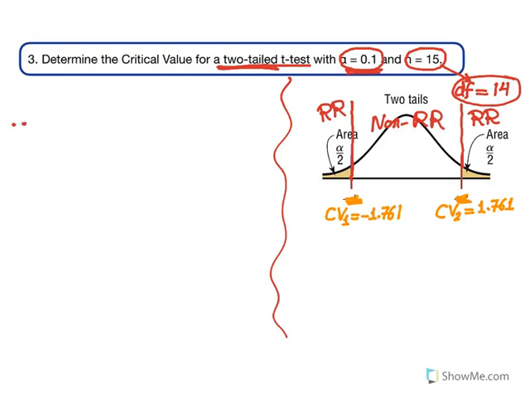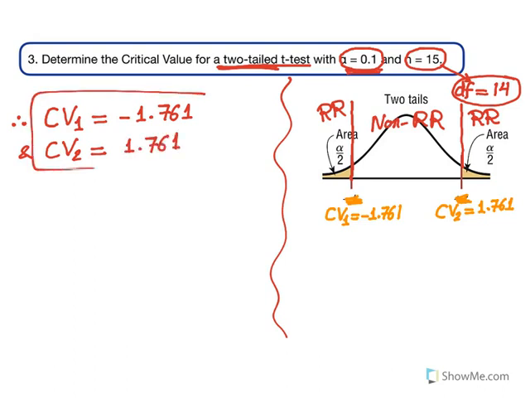Therefore, I have two critical values for this t-test because it's two-tailed. My first critical value is minus 1.761, and my second critical value is the opposite number, 1.761.